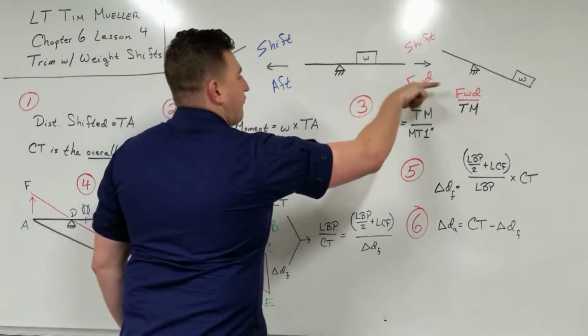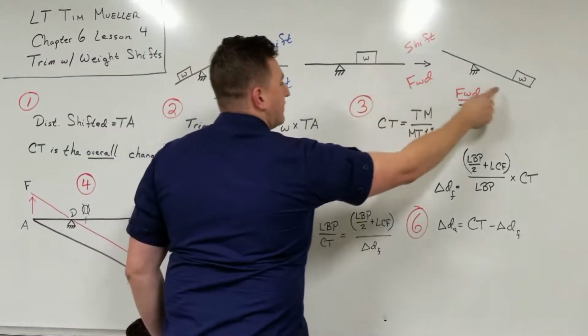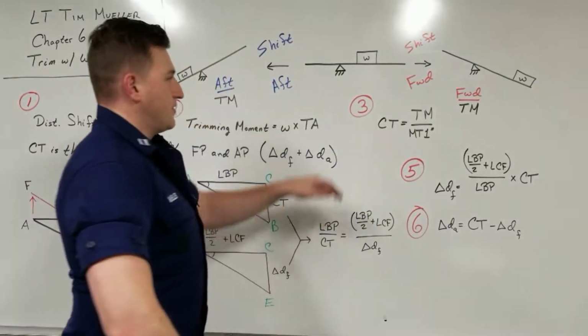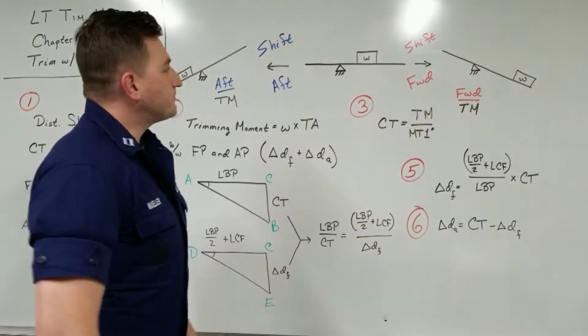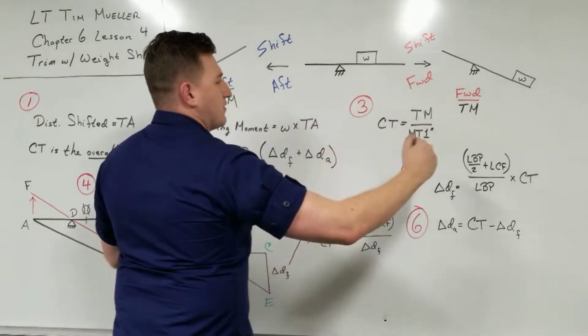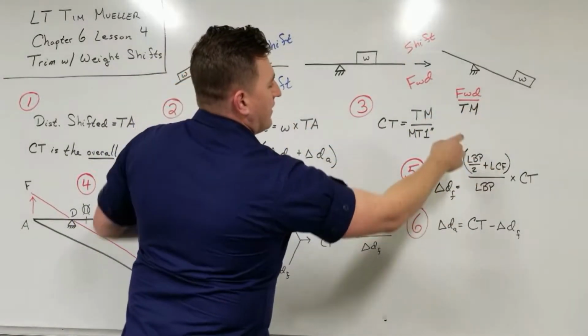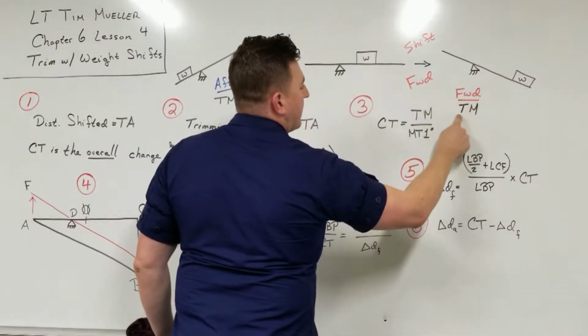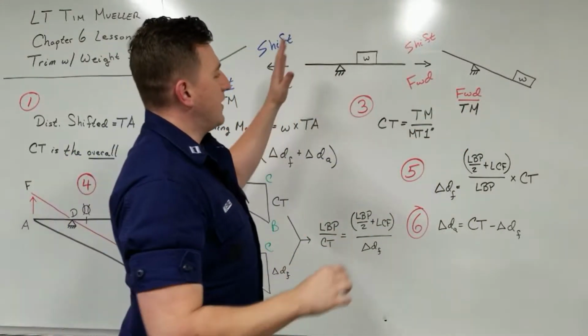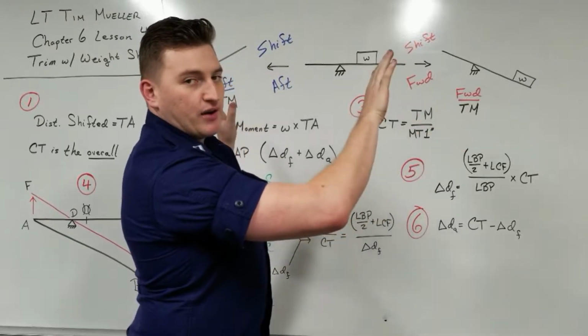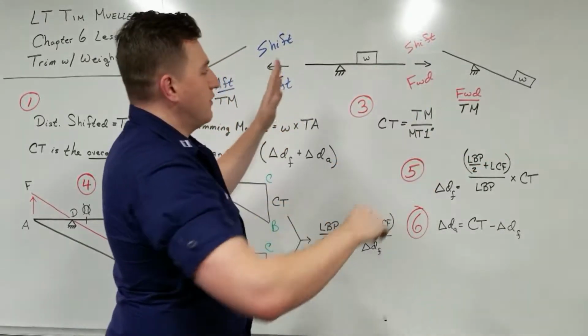So shifting forward, maybe switching water from a service tank up to the forepeak, is going to tilt the ship forward. That's going to cause a forward TM, TM being trimming moment, and we'll get to that in a second. But that is going to cause a moment to want to cause the ship to tilt or trim forward.